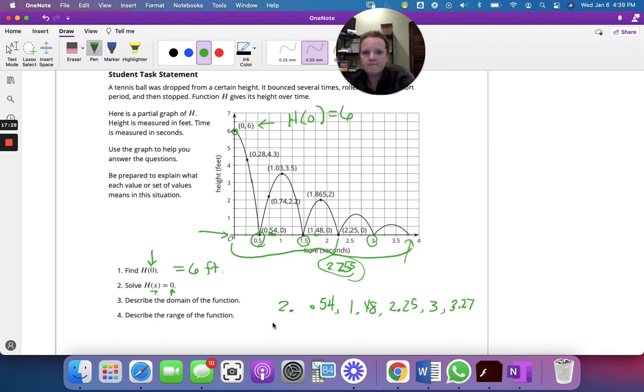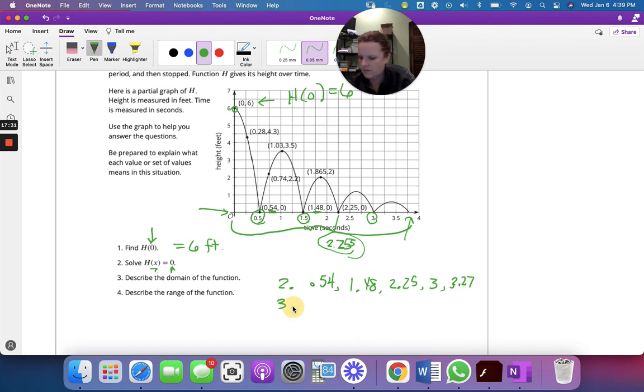We could say the domain includes, and I'm showing you how I expect it to be written, the domain includes values between 0 and the time the ball stopped moving. It doesn't show us because of that right there. The time the ball stops moving.